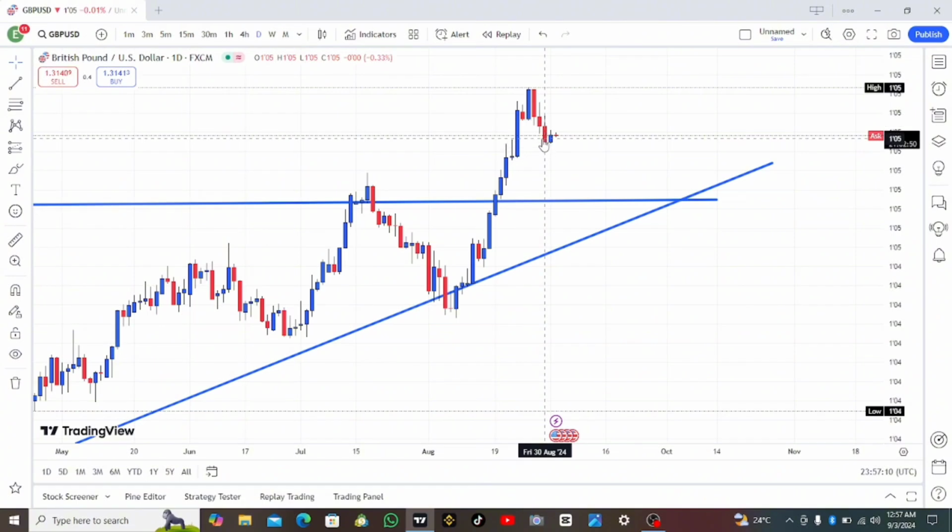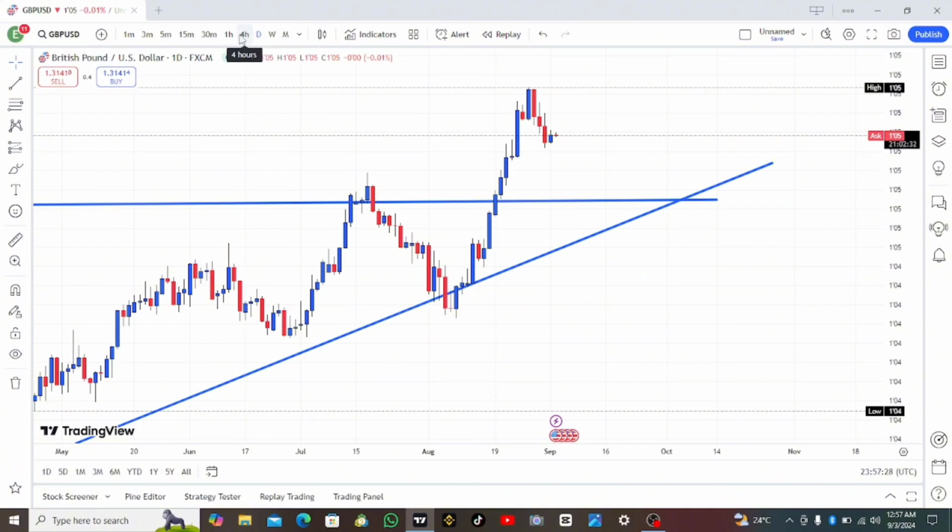That means we are not expecting any sharp move to the upside yet. We are expecting a pullback before we see a distribution to the downside. So from the weekly and the daily time frame, we are seeing a bearish sign.